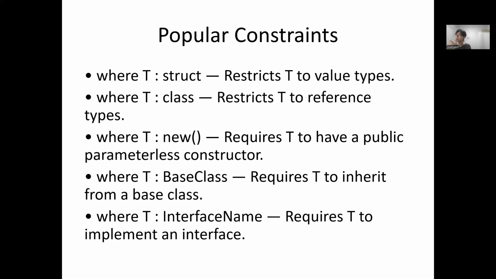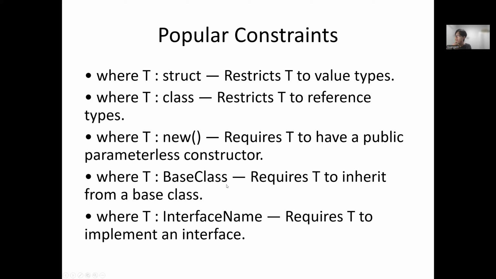What if in a generic class I need to use the constructor of T? So I have to include this constraint to make sure that it has a constructor.